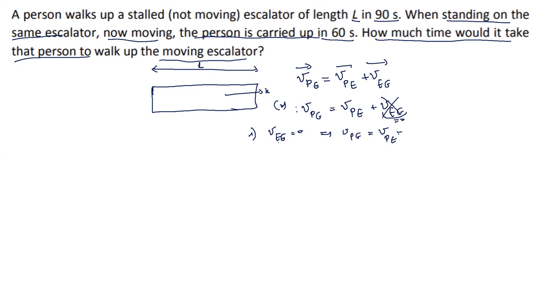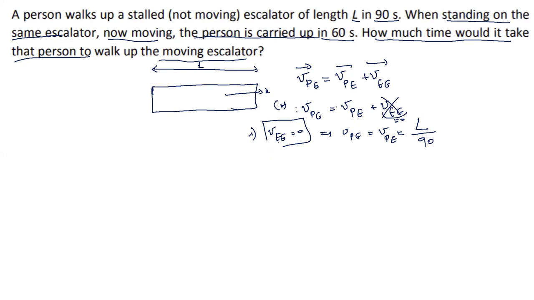And this is equal to what? In the first case, this speed is just the length of the escalator divided by 90 seconds. Okay, and this is the speed of the person with respect to the ground. But since this is 0, that's the speed of the person with respect to the escalator as well.